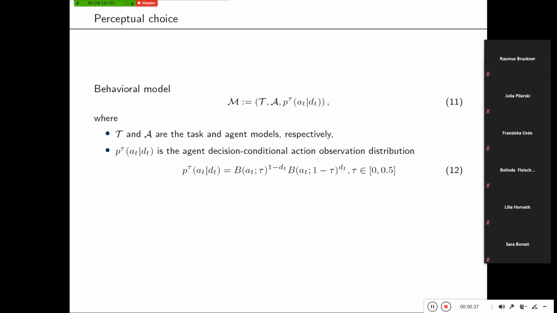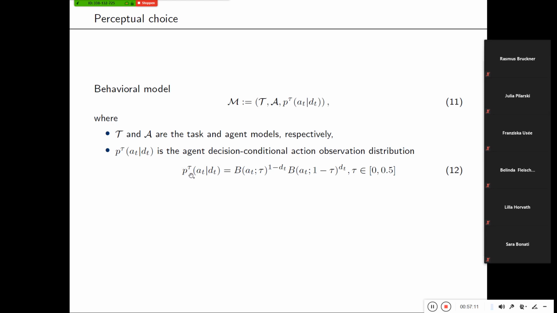The idea is the agent takes a specific decision, for example 0, and then with a certain probability we observe the action 0. Or, the agent takes the decision 0, and with a certain probability the human then actually presses the button corresponding to 0. How high this probability is depends on a parameter tau.